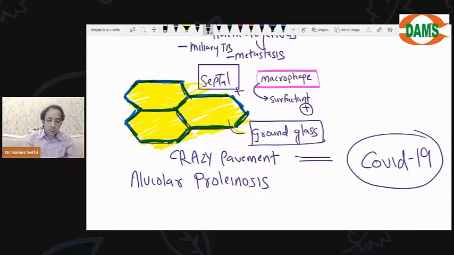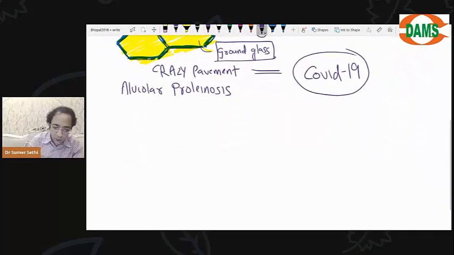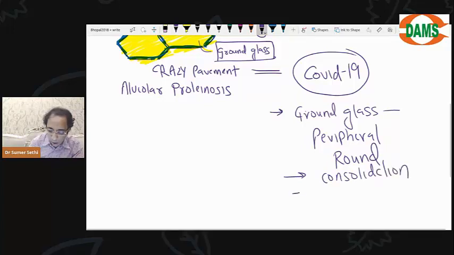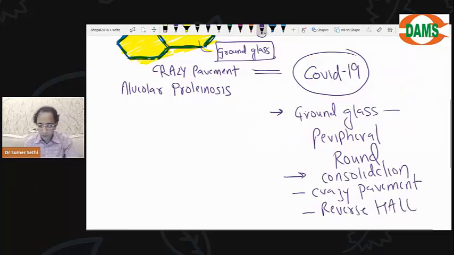So now, if I recall, what are the X-ray findings that you will see in COVID-19? The most important finding is, remember, ground glass opacities, which are usually peripheral, rounded in shape, which can go on to develop consolidations, crazy pavement-like appearance, or it might develop organizing pneumonia leading to reverse halo sign.